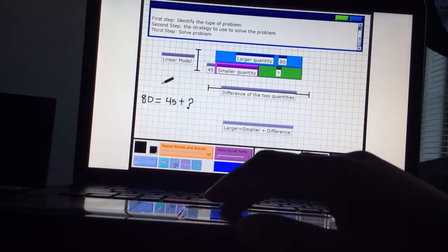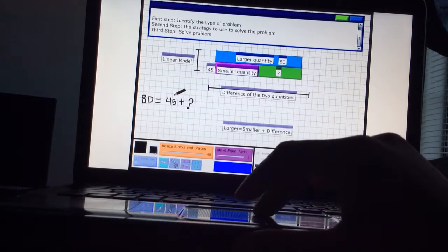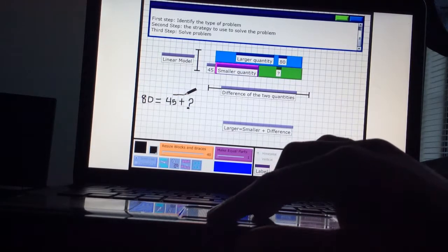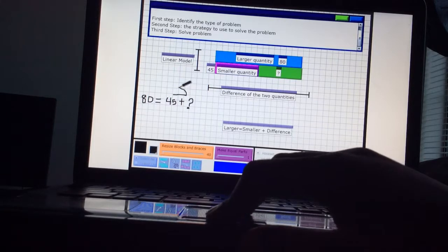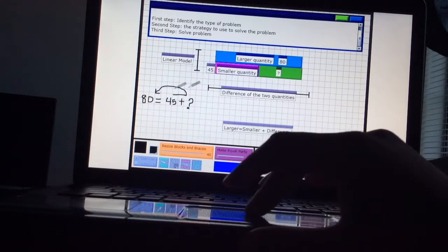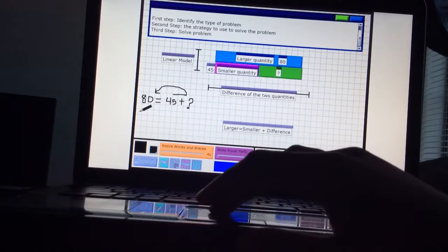And the only way to do that is if we move this part of the equation to the beginning of the equation. So let's do that.